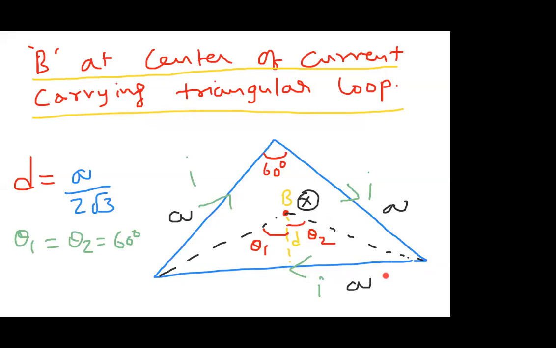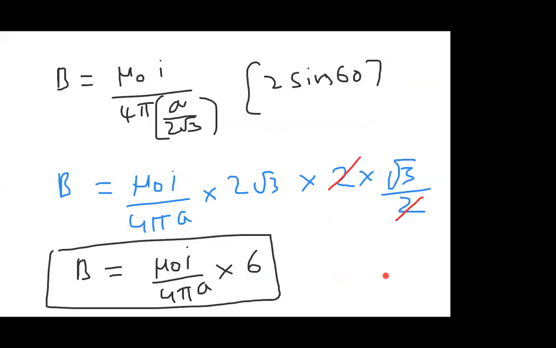What is that value we got here? The value we got here is B equal to mu naught I by 4 pi A into 6. Now, totally how many conductors do we have? Here 3 conductors are there. If 3 conductors are there, then what will be the net magnetic field? Happily we can write B net equal to 3B.